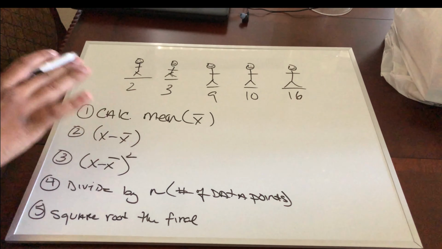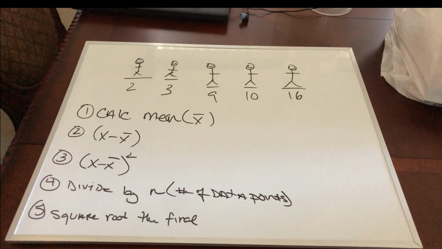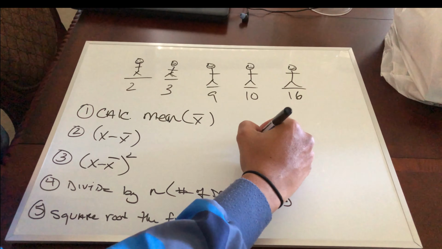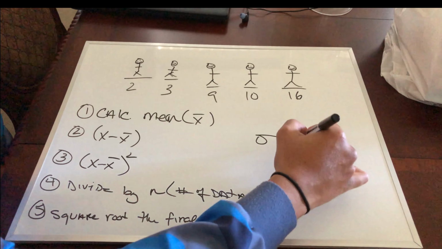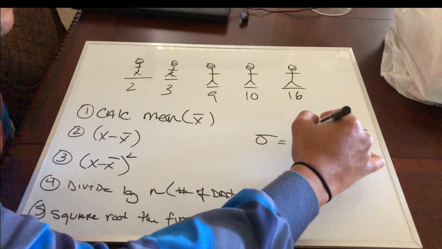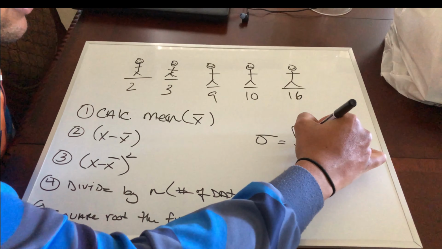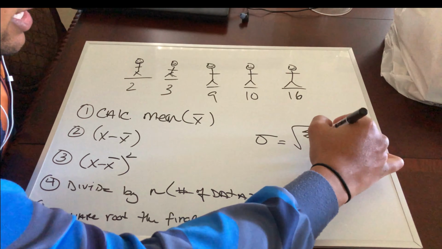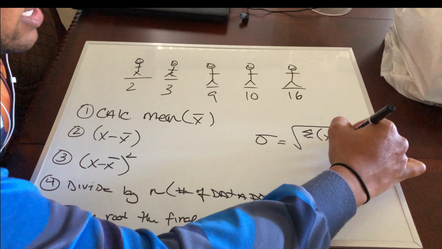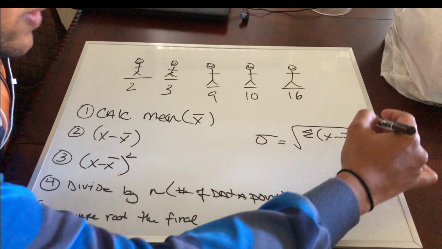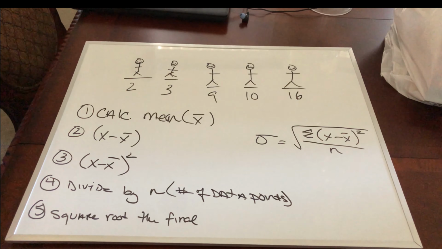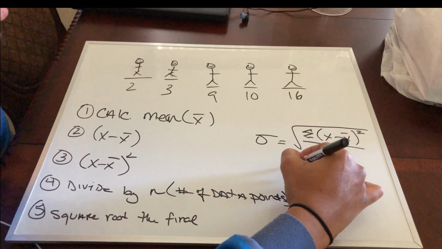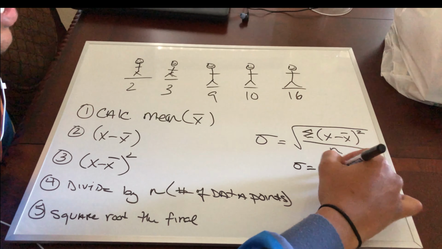These are the 5 steps to actually calculate it, and this is the formula given in order to solve for your standard deviation. The formula looks like this: sigma, written as lowercase sigma, equals a big square root of capital sigma of (x minus x bar) squared, divided by n. Sigma equals your standard deviation, SD.